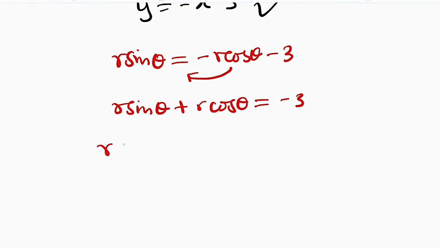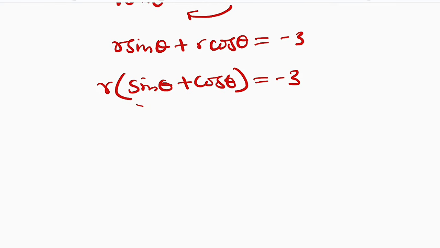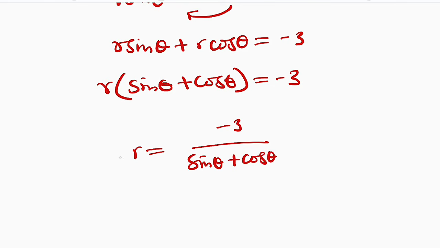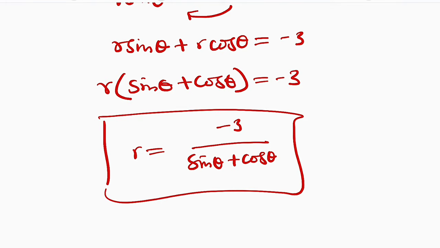Factor out r. You have r times sine theta plus cos theta, and everything equal to minus 3. Divide both sides by sine theta plus cos theta and you are done: r equals minus 3 divided by sine theta plus cos theta. This is the equation of the tangent line to the curve at a point where theta is equal to pi.